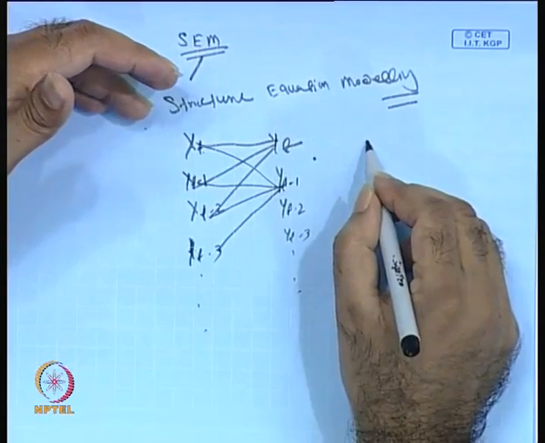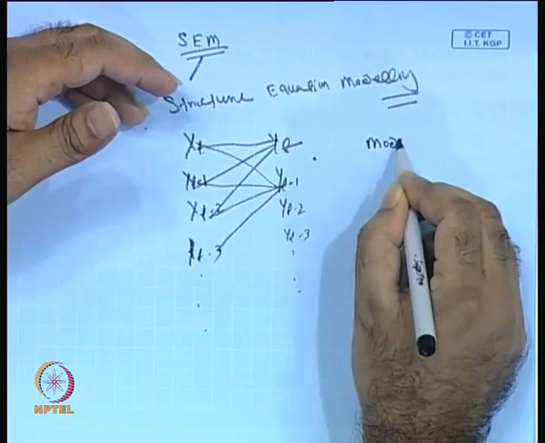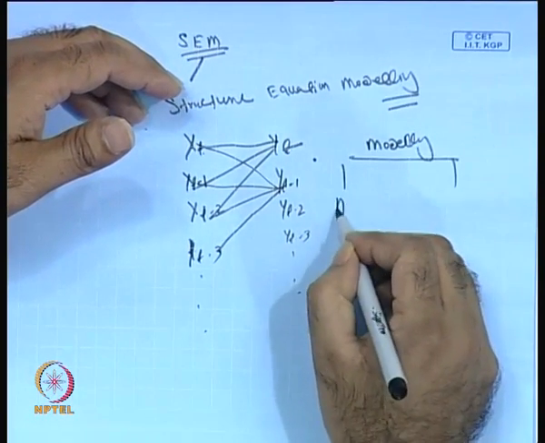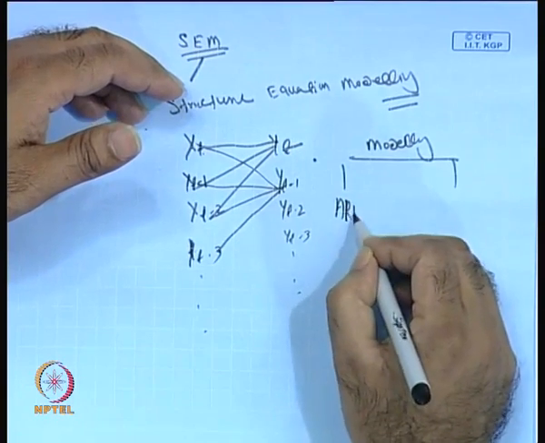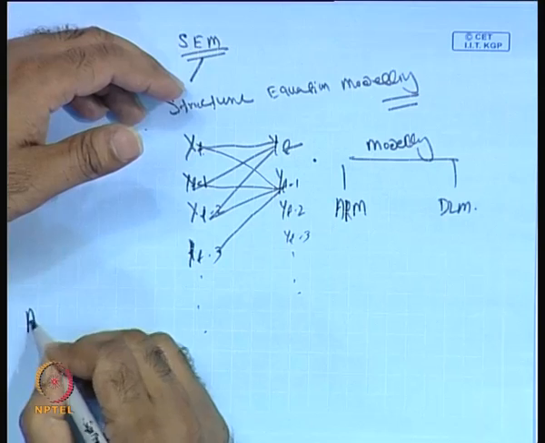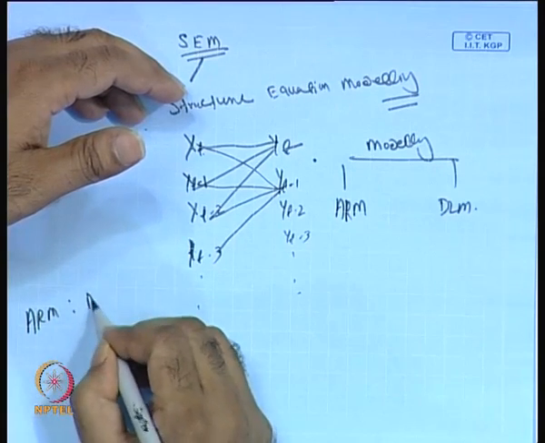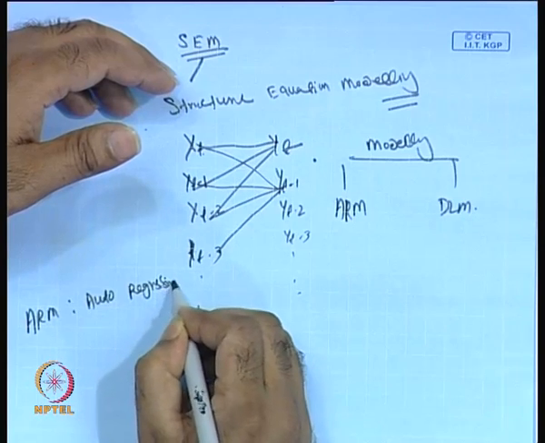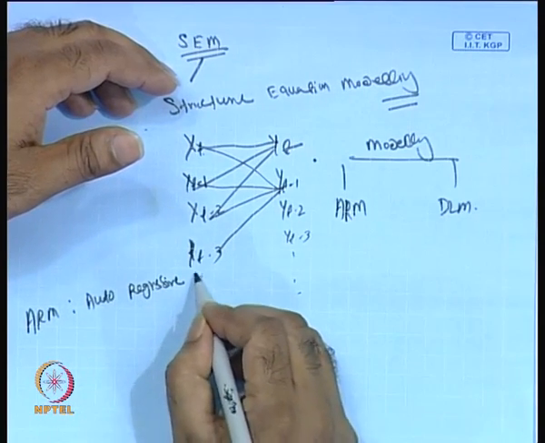So time series modeling is basically divided into two parts. It's called autoregressive models, and this is called distributive lag models. ARM stands for autoregressive models. Okay.